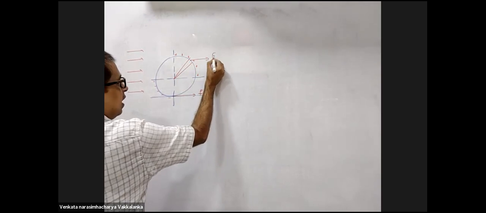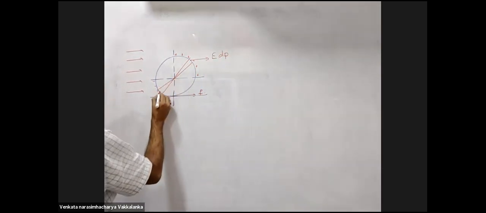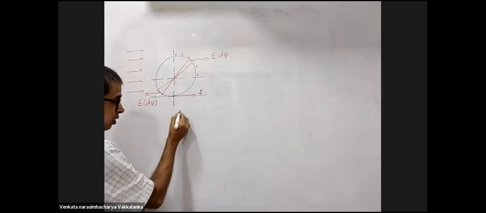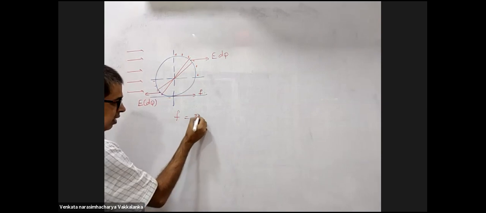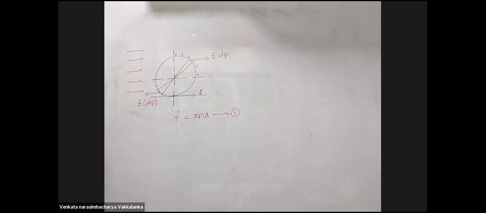On this, I will have field into dq this way. Positive charge will experience a force in the direction of field. Negative charge will experience a force opposite to the direction of field. So this and this will cancel out each other. Translational dynamic equation is F equal to ma. First equation, are we okay with this? Yes, sir.